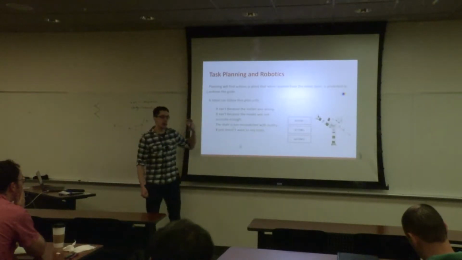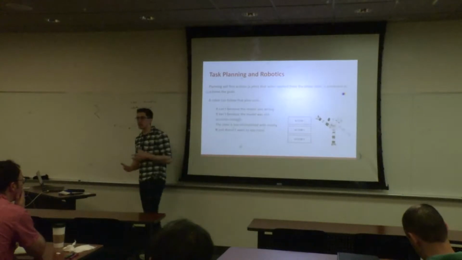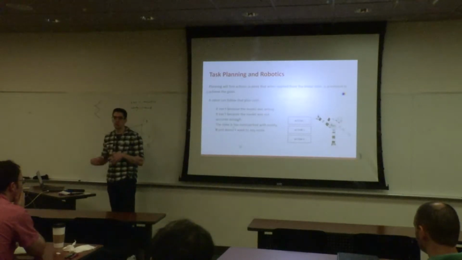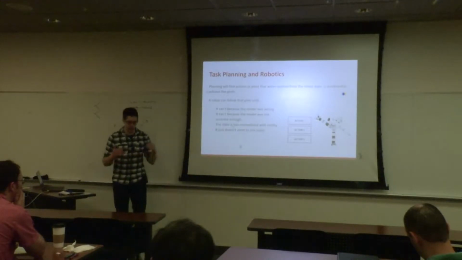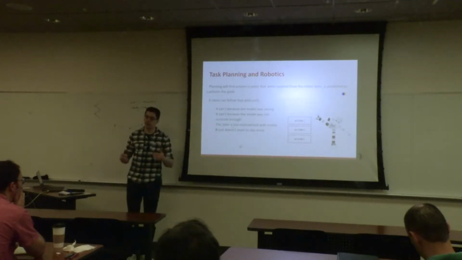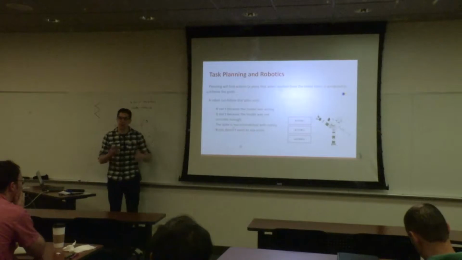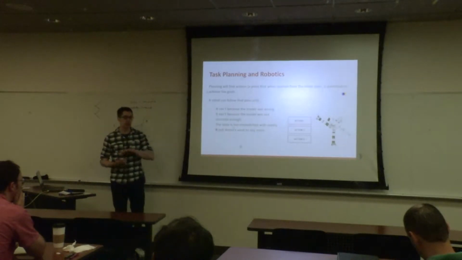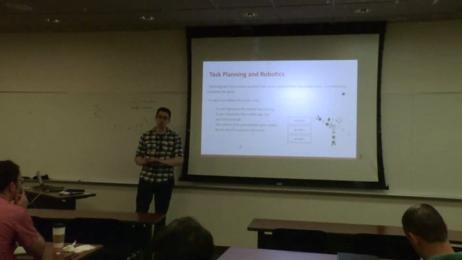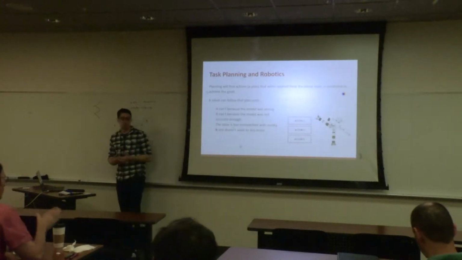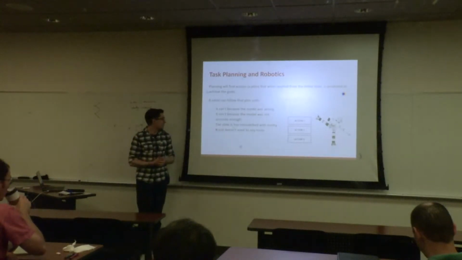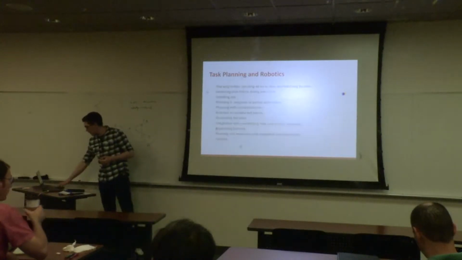It could be that the model is correct, but the robot just doesn't have the sensors which are able to populate that model with the current state. You could have a perfect model and a perfect initial state, but unless you have the sensors to keep that state up to date, as soon as things begin to change and the robot begins to move, then you are either relying on dead reckoning or luck.